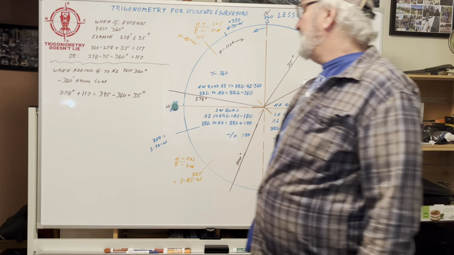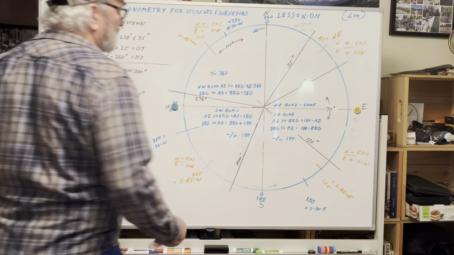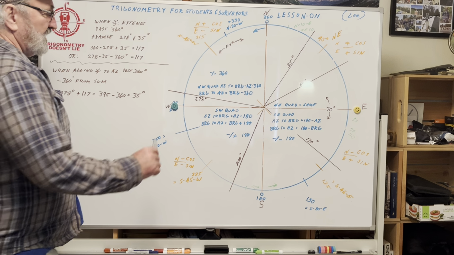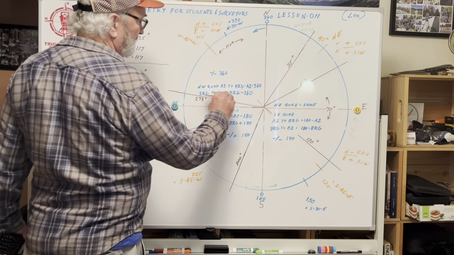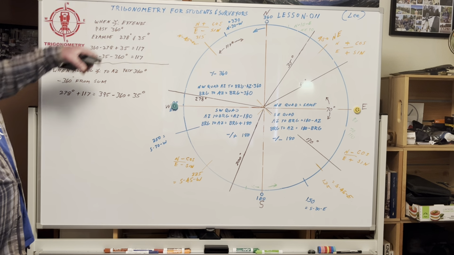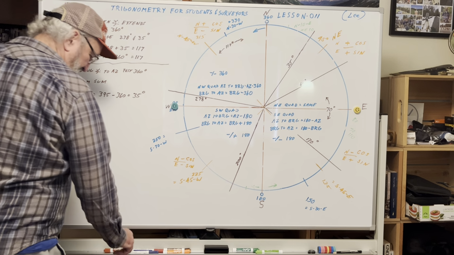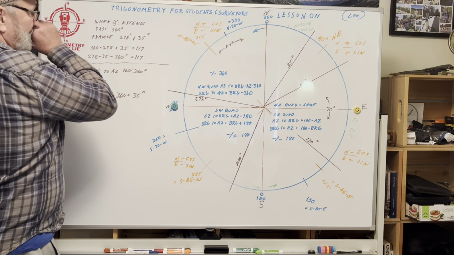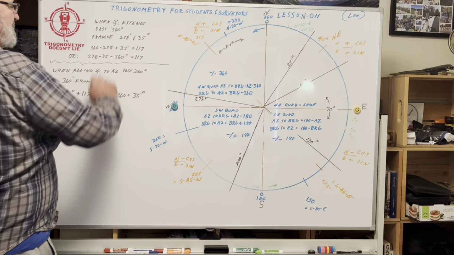So I wrote it down here so I wouldn't blubber around too much. You've got an angle here, and you've got an angle here. This is our survey symbol; we would write it on our stakes like that. That just means an angle.